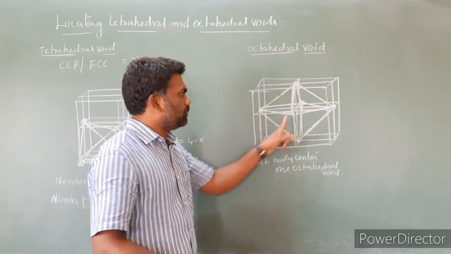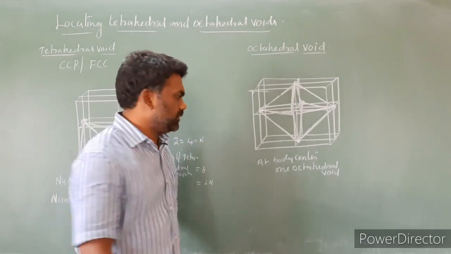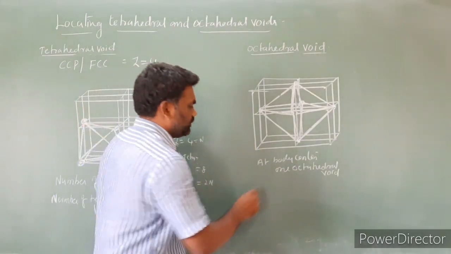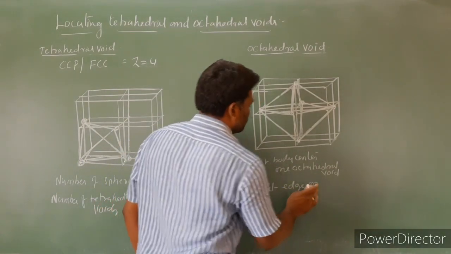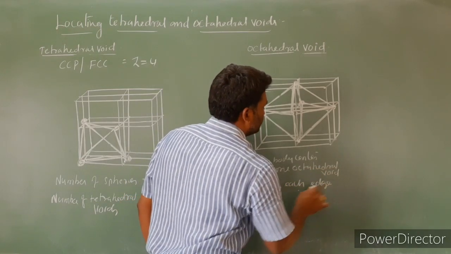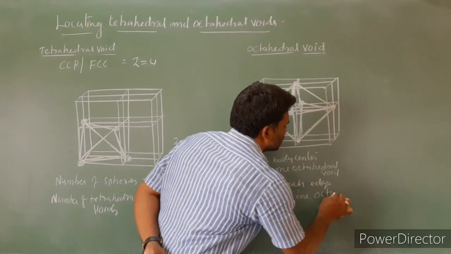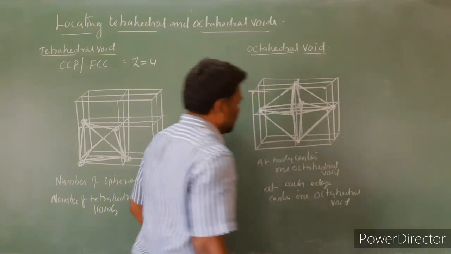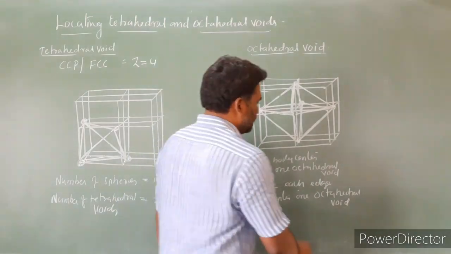In addition to the body center, the octahedral void is present at the edge centers. At each edge center, one octahedral void. We have to find the total number of octahedral voids.